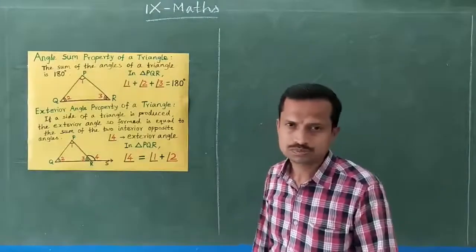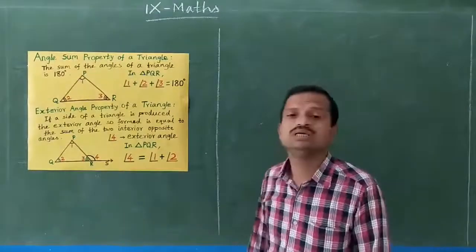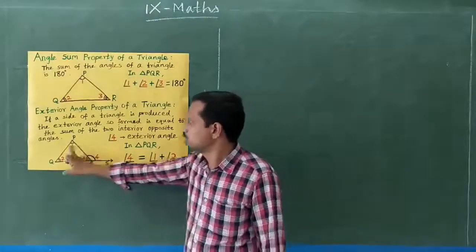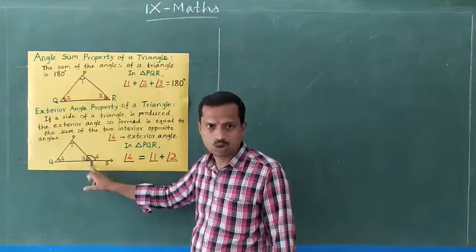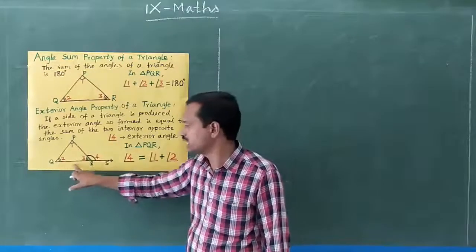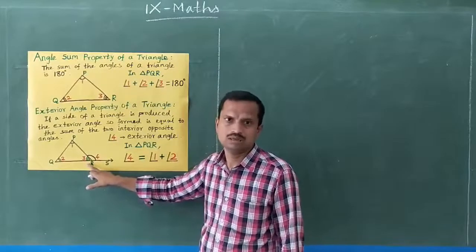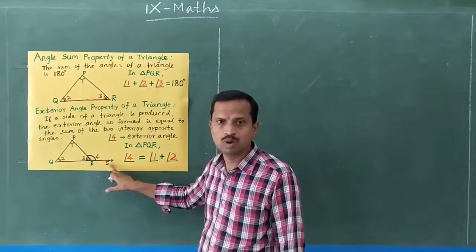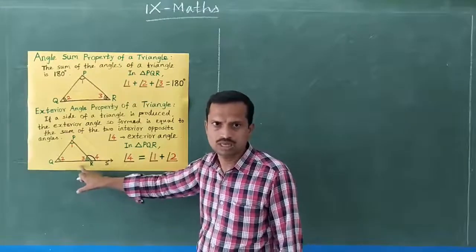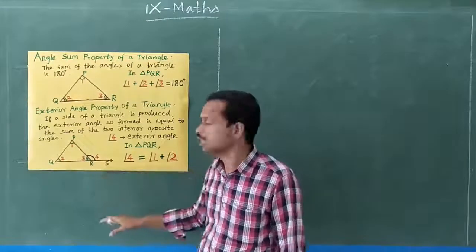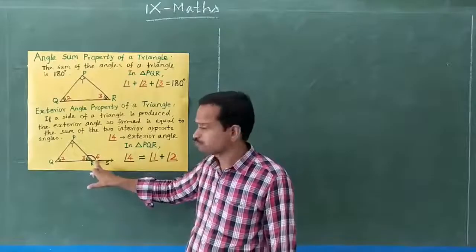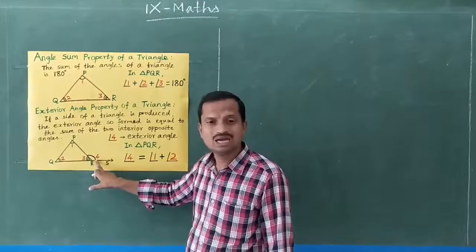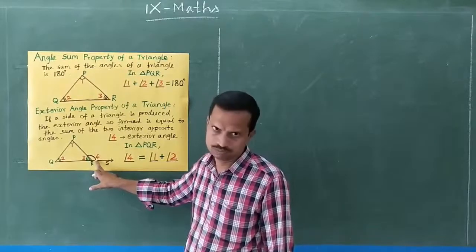And coming to the next topic, the exterior angle property of a triangle. You see here a triangle PQR where one side QR is produced, or extended, up to the point S. This is the extension of one side. Now here we can see the angle PRS, which I marked as angle 4.